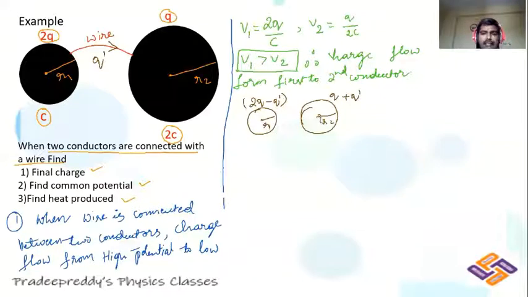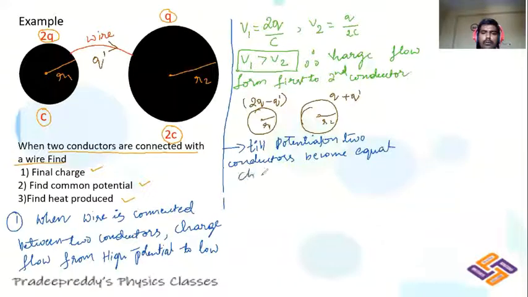Now, as the charge has changed, till what time will charge get transferred from the first conductor to the second conductor? Charge will flow till the potentials on the two conductors become equal.